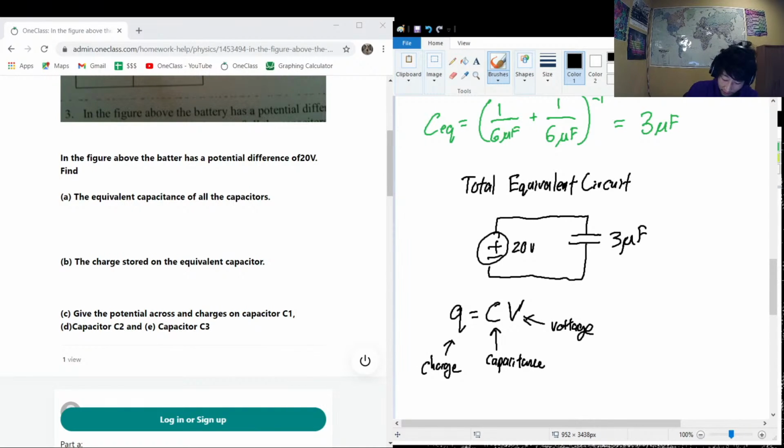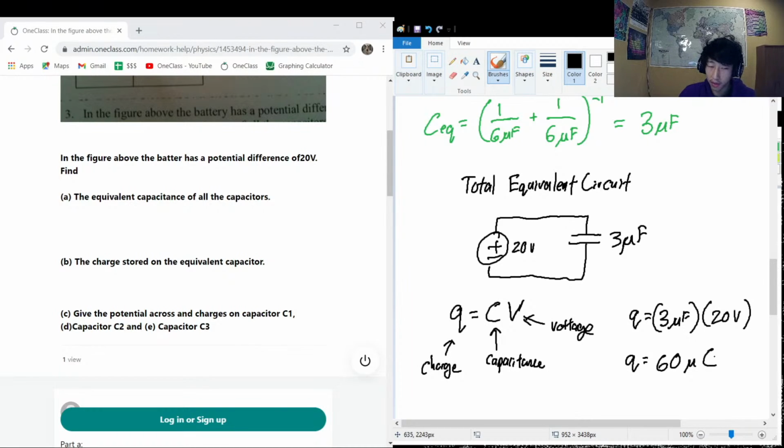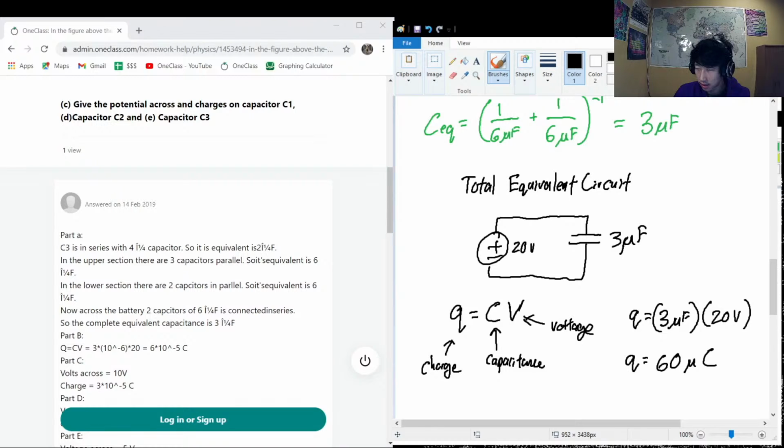So this is fairly straightforward. Q is going to be 3 microfarads multiplied by 20 volts, equal to 60 microcoulombs. Keep in mind that the micro from the 3 microfarads is transferred into here. You could easily convert that to times 10 to the negative 6 and you would come to the same result. Here we have 60 microcoulombs, which really means the same thing.